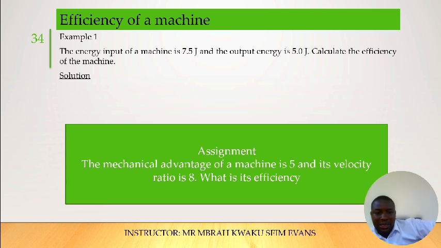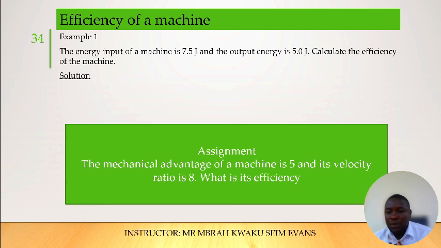From the question, we have the energy input of a machine as 7.5 joules and the output is 5.0 joules. So you are inputting a certain energy of 7.5 joules, but you are getting an output which is less than 7.5 joules. We have to calculate how efficient the machine is in terms of energy conservation.